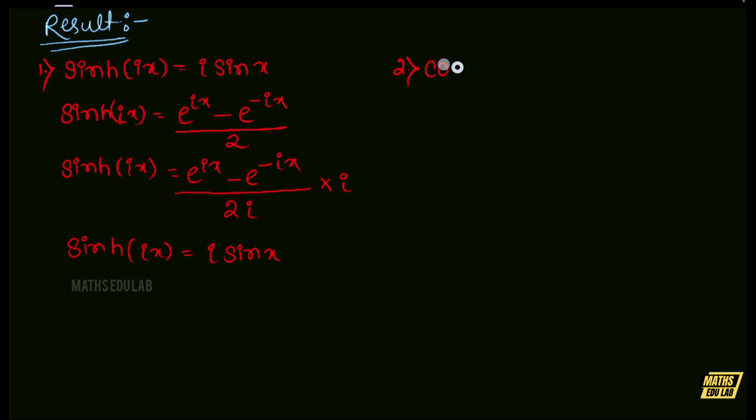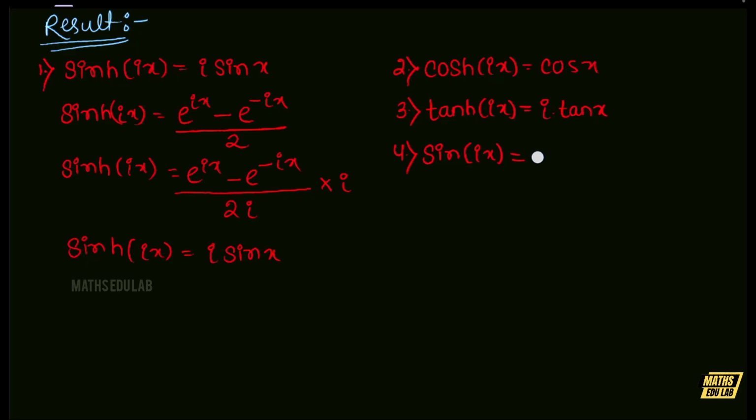The second one is cos hyperbolic ix, which is equal to cos x, and the third one is tan hyperbolic ix, which is equal to i tan x. I will provide the notes to you so that you can get the proof of these values. And the fourth one is sin ix, which is equal to i sine hyperbolic x. So this is what we got.